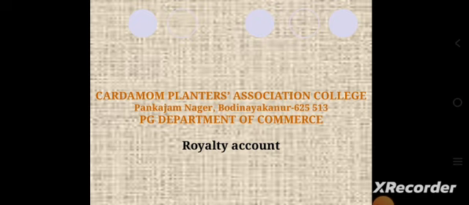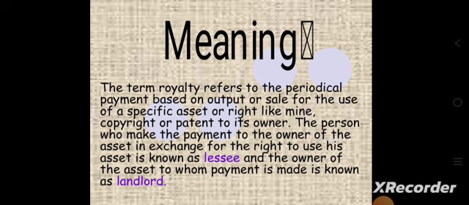Okay, it's clear. So royalty is an amount payable by one person to another person for use of an asset or right monopoly. It is a periodical payment in the nature of rent made to the person for the right to use certain property such as mine, patent, copyright.